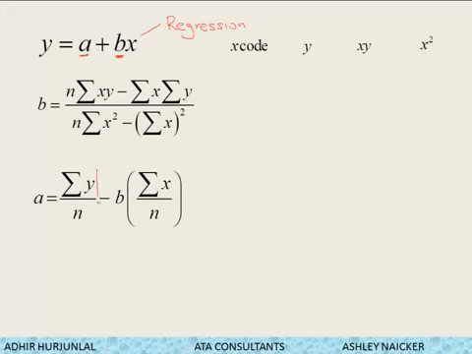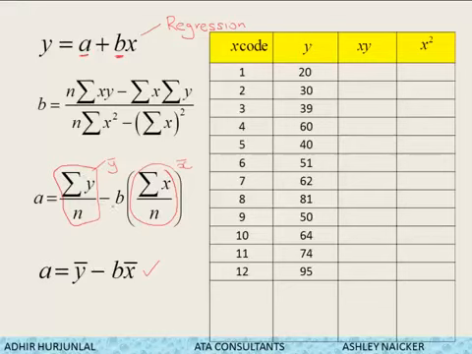How do I go about getting the value for b and the value for a? I now go into another table. This may seem monotonous, but this table gives me the trend line. I start off by using my x code. Remember I dealt with the x code before, 1 right up to 12. Then I have my y values from the original question as well.